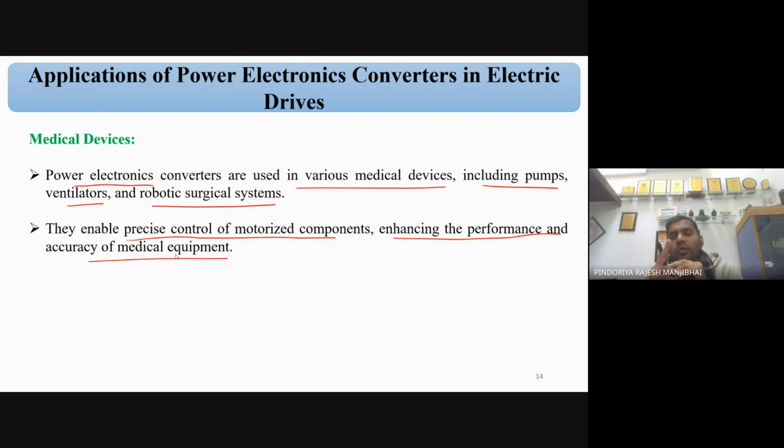Okay, we have to control only these two quantities, speed and torque. In any application domain, maybe medical, maybe aeronautics, maybe aerospace, any application, we have to control only two parameters, speed and torque. For controlling these two parameters, we have to use various types of power electronics converters. Done. So these are the major applications of power electronics converters where you can implement your control algorithm.